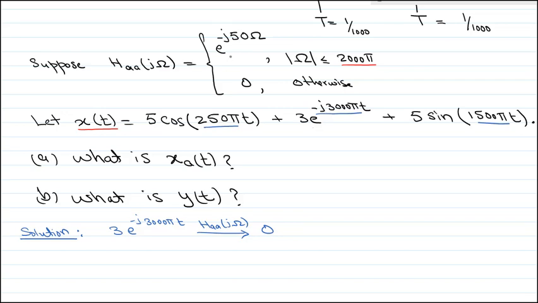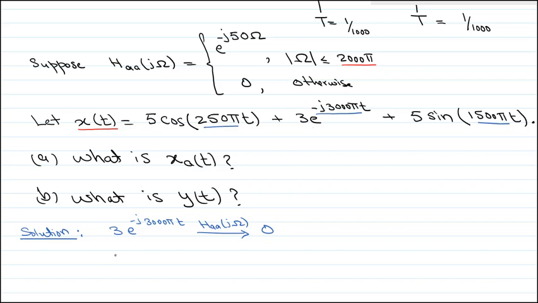Now remember that within 2000 pi, the anti-aliasing filter is just simply inducing a phase shift. If you remember your Fourier transform expressions, this phase shift means that this anti-aliasing filter, for frequencies that are below 2000 pi, is simply inducing a phase shift in your input signal.